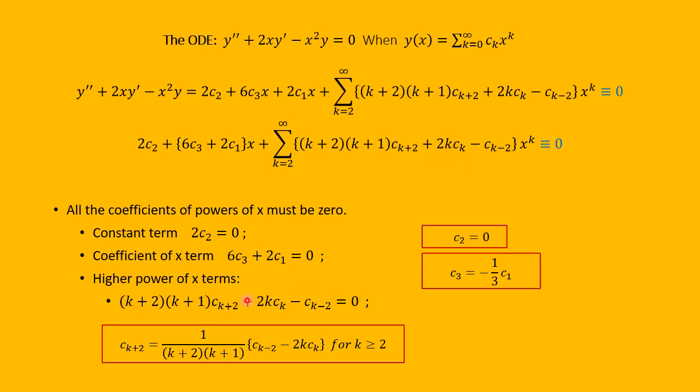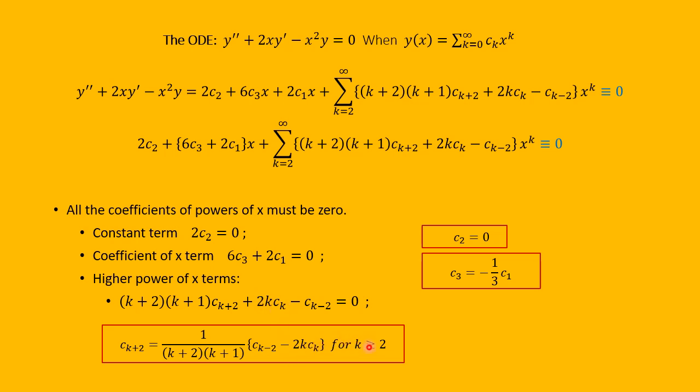Now, just a little bit of algebra can be used to solve this equation for c sub k plus 2 in terms of c sub k and c sub k minus 2. And if we do that, we get c sub k plus 2 is 1 over (k plus 2)(k plus 1), times the quantity c sub k minus 2 minus 2k c sub k.